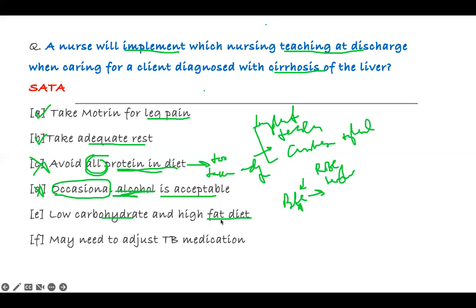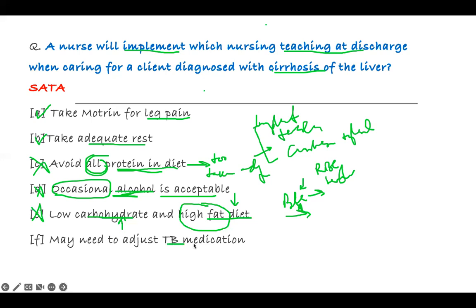If I cannot get this into the system because the liver is not working well, I shouldn't take too much fatty food, but I should take a lot of high carbohydrates. So high carbohydrate, low fat diet is what is recommended because the fat is in your system, the GI tract, and the bile cannot go into the system. It's all backed up. That's why the bilirubin is high. So you should decrease the amount of fatty food in your diet.